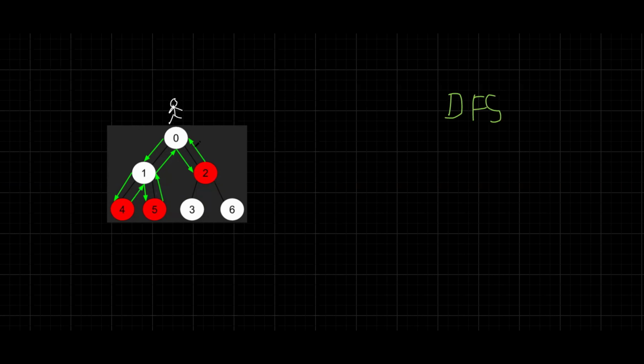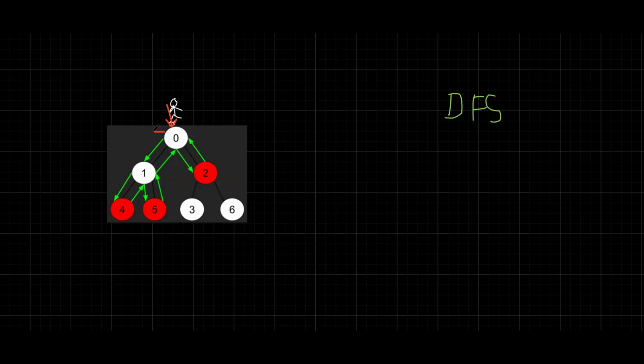As it is a graph traversal problem, we can solve it using DFS or BFS. Here we are using depth first search. So let's look at how the DFS works. Initially, we start the traversal from the root node, which is 0.